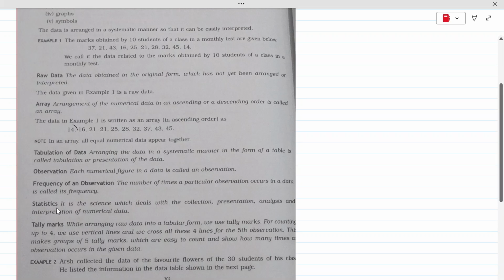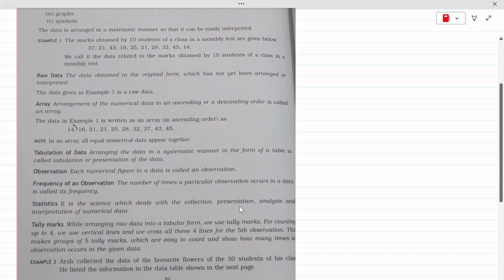Next, we have statistics. So statistics is the science which deals with the collection of this data, presentation of this data, analysis of data and interpretation of the data. So kids, I hope that by now you know all these terms. Collection means gathering of the data, like this data has been gathered from the class. Presentation, as in we are presenting it in a particular form.